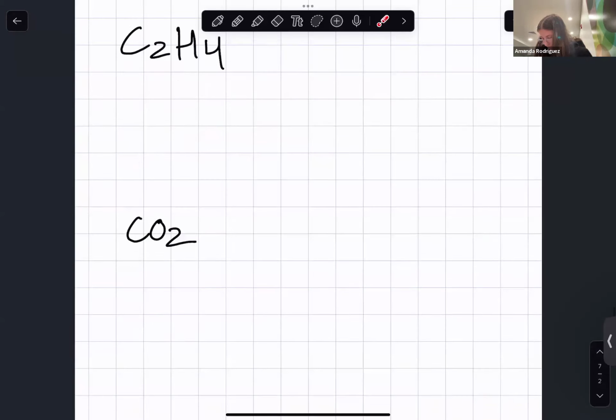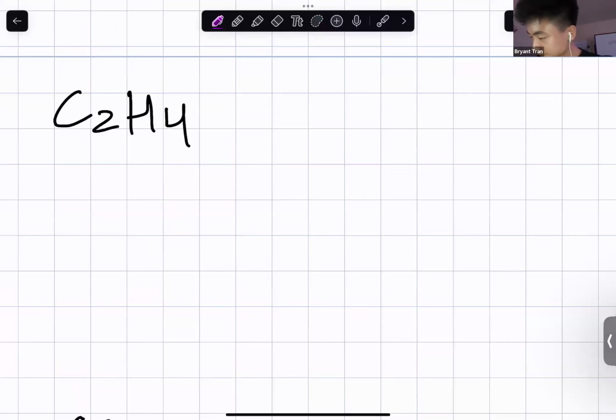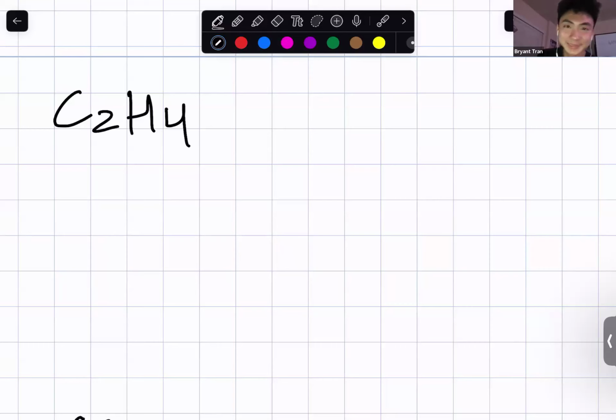Okay. So now try C2H4, Lewis structure. Okay, I'm pretty sure the structure is like H, C, C, H with two H's on the bottom.